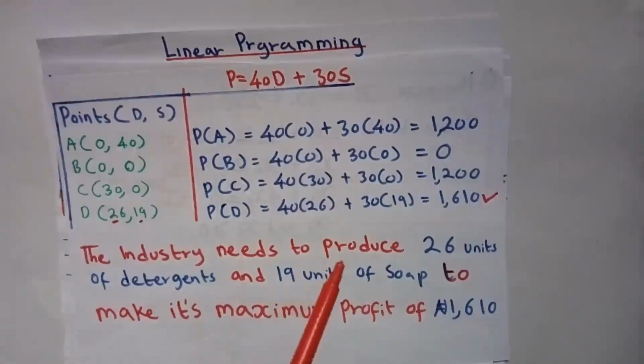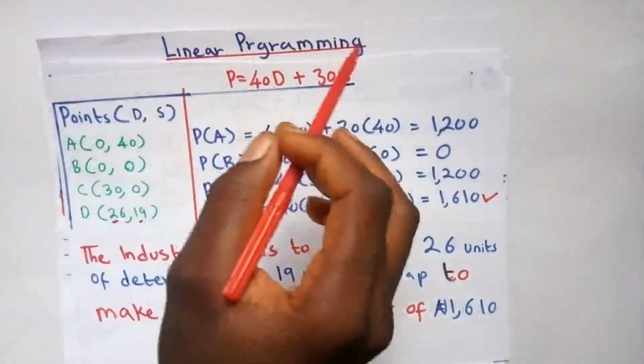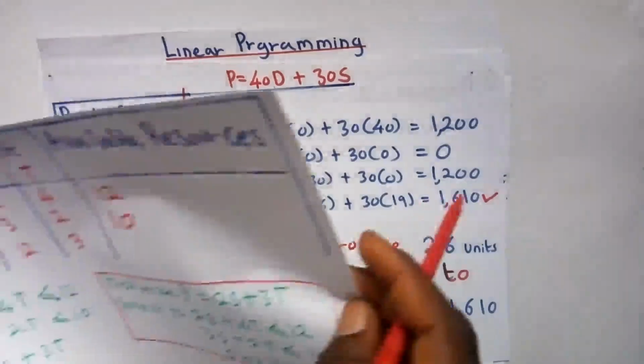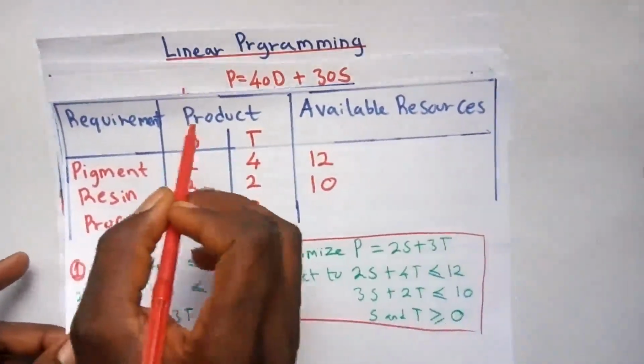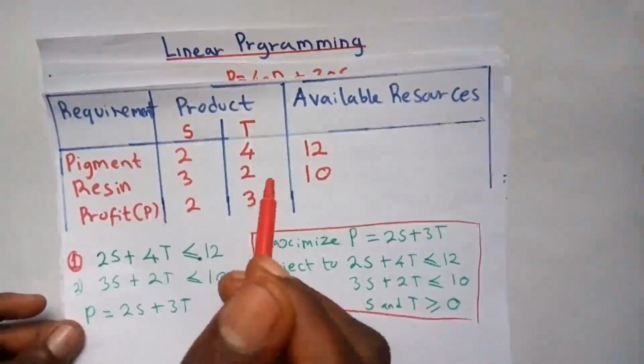Okay guys, always recall that anytime you are given a word problem question on linear programming, first identify whether it is a maximization problem or a minimization problem. If it is a maximization problem, follow this format. Make a table like this: requirements, product, and available resources. Go through your question a second time.